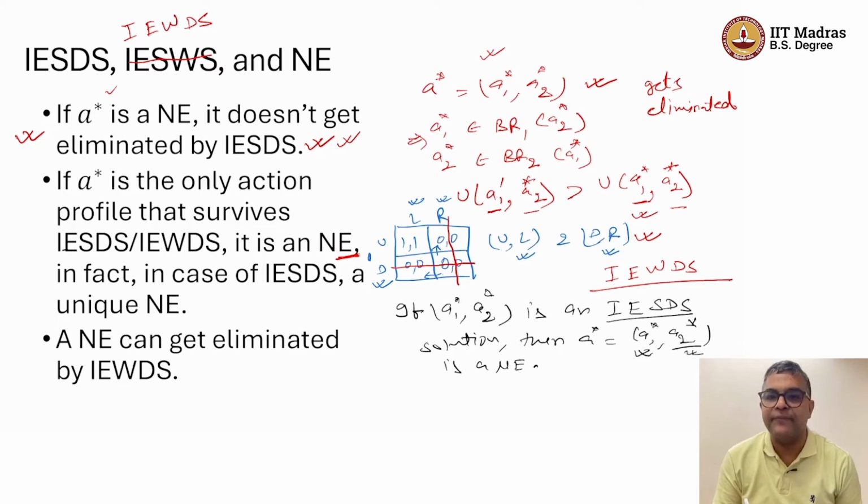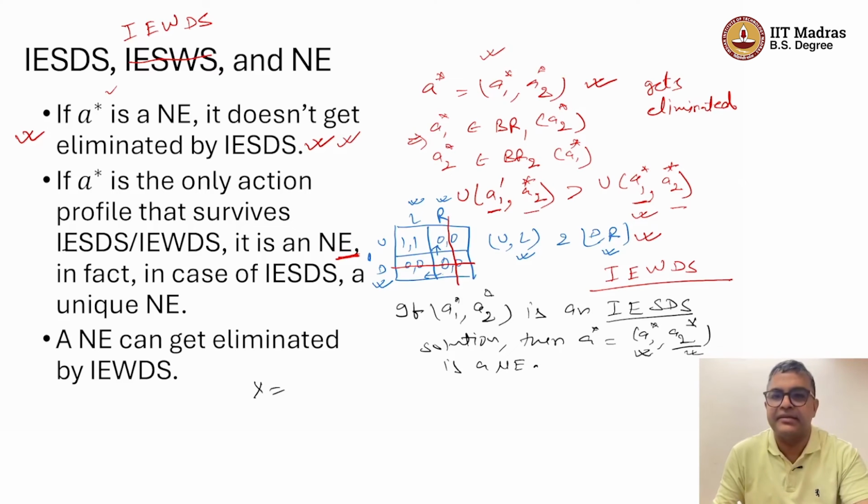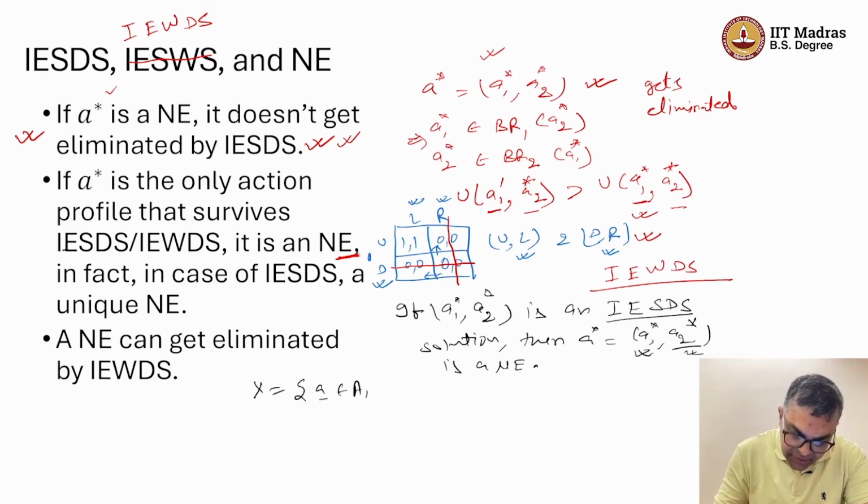So we can do a proof by contradiction again, and we can say that let us take a set X, such that X contains all those strategies A such that player 1, using A, does better against A2 in comparison to A1 star.